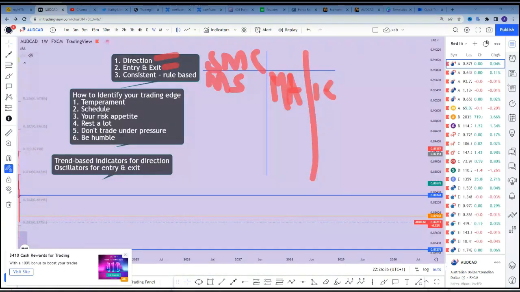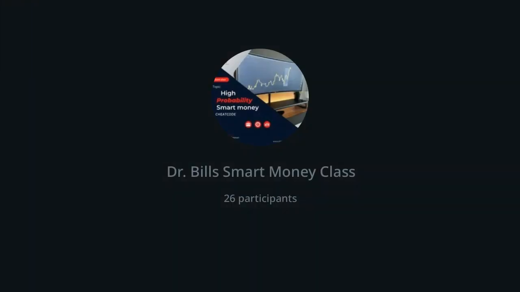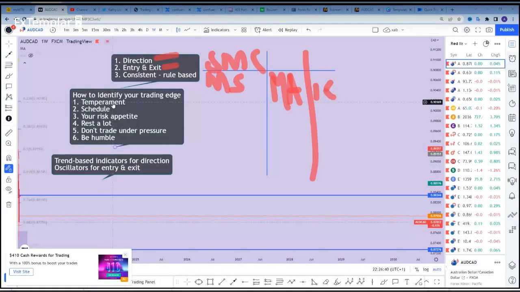And that brings us back to what we said. Temperament, schedule, risk appetite. You're going to have to build your temperament to a point where you can now be patient enough to work with better trade setups.